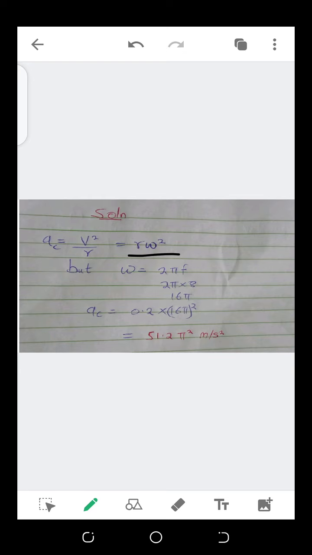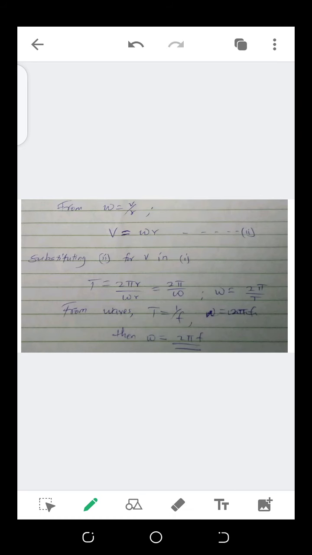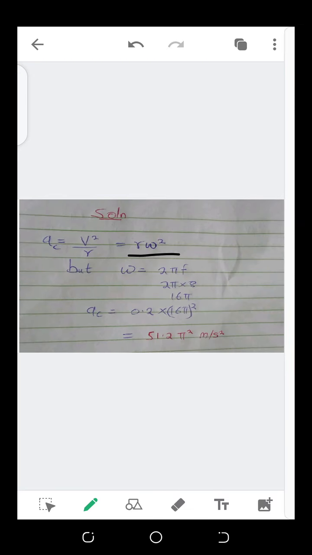But omega, we derived it here, that omega is equal to 2 pi f, and I want to use it in this case.